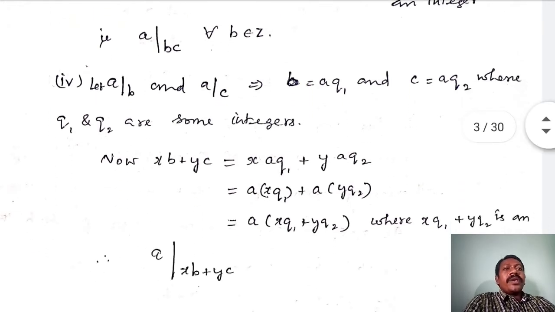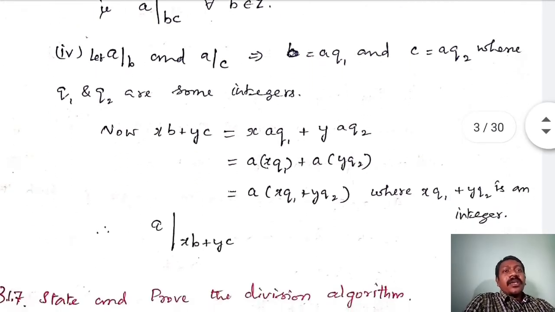So now we have to prove the last condition. If a divides b and a divides c, we have to prove a divides the linear combination of b and c. That means a divides xb plus yc, where x and y are integers. Since a divides b and a divides c, we can write b as a into q1, where q1 is an integer.